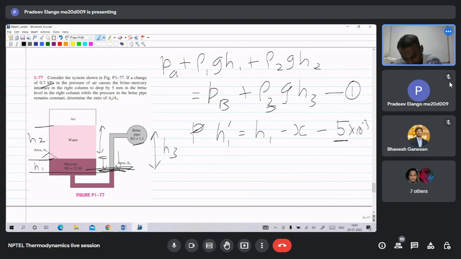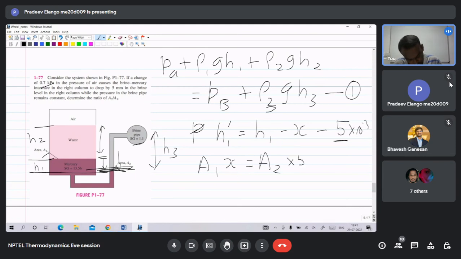So now this X can be calculated by equating the volume which has dropped on the left column to the volume which is gained on the right column. So that is A1 into X is equal to A2 into 5 mm.